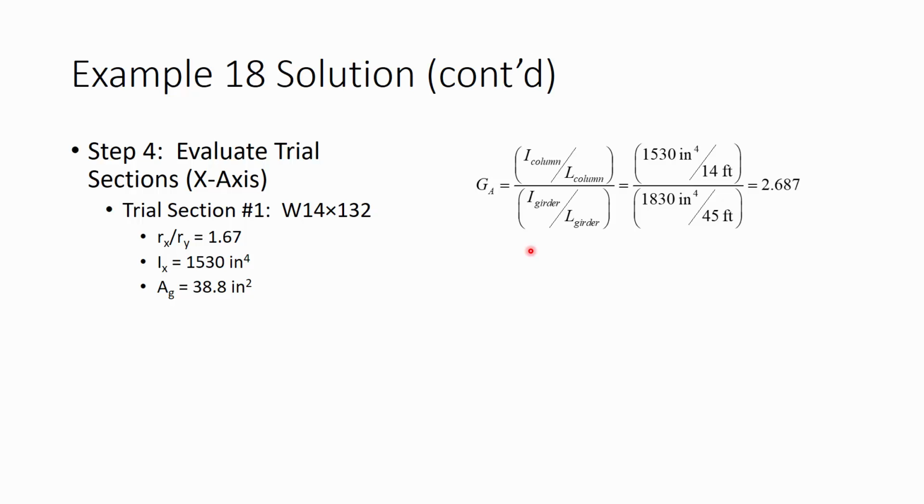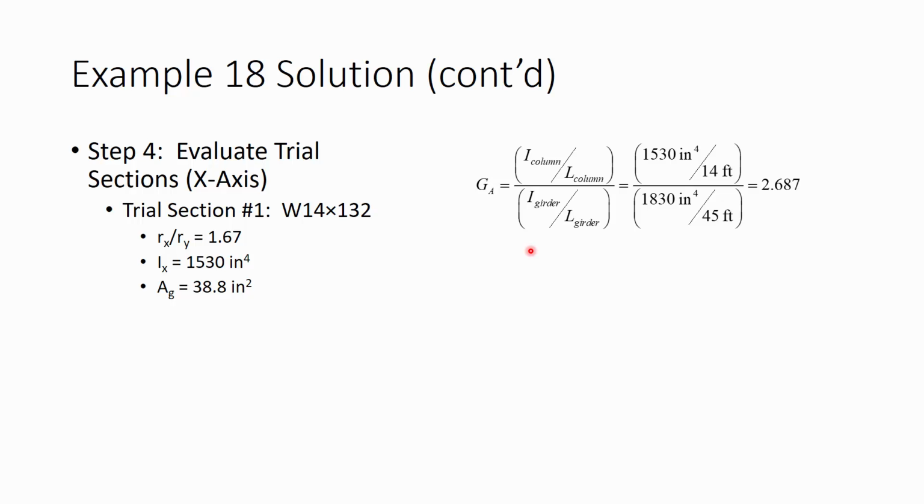Now remember, the formula that we're seeing on this slide really only works for this particular example, because of the way the framing worked. There were two beams and two columns framing into that joint A that were identical. But if your frame is different, you're going to need to reevaluate that. So I've got all the data here, the I over L for the column and the I over L for the girder.